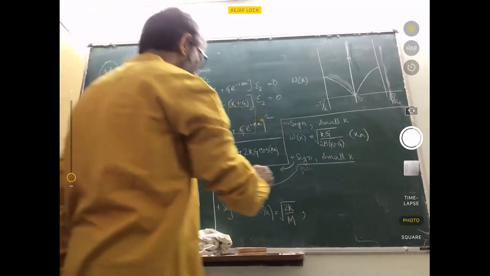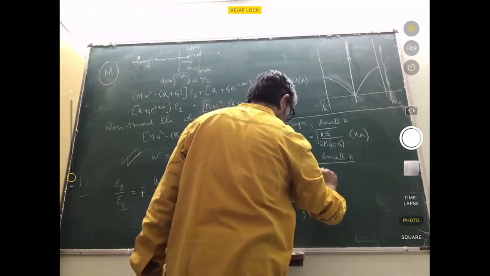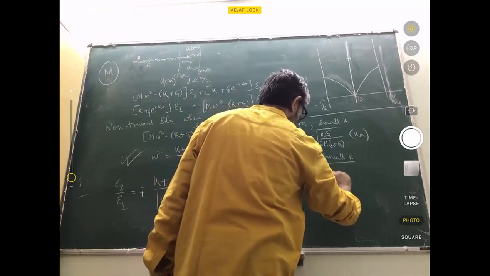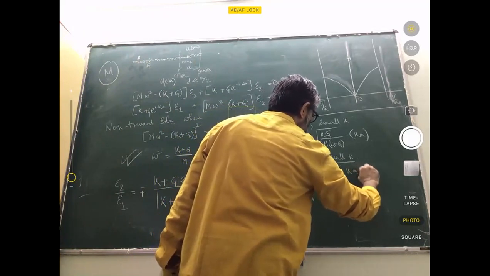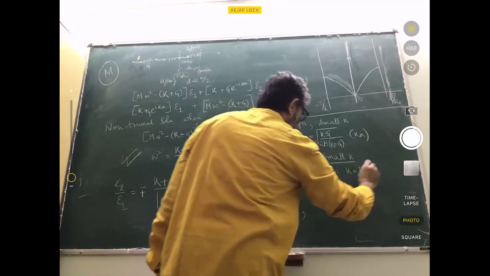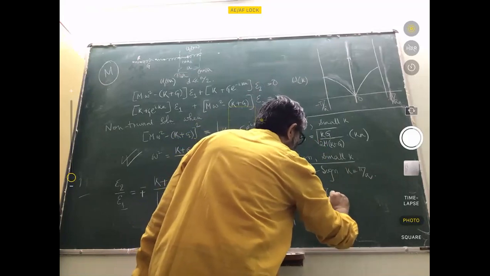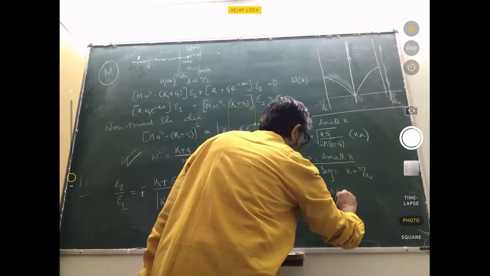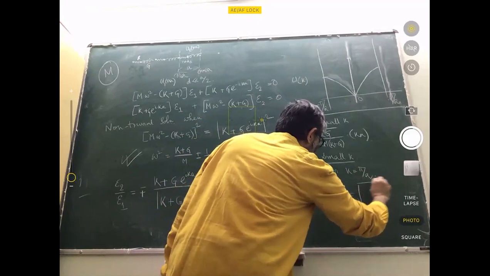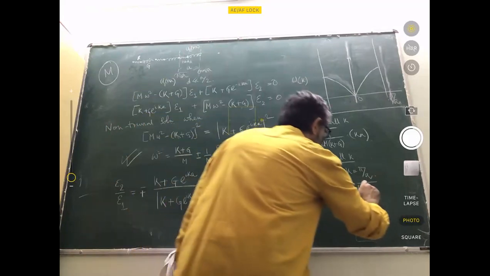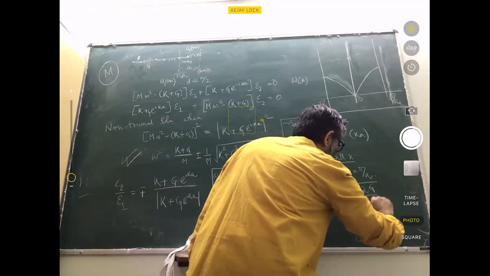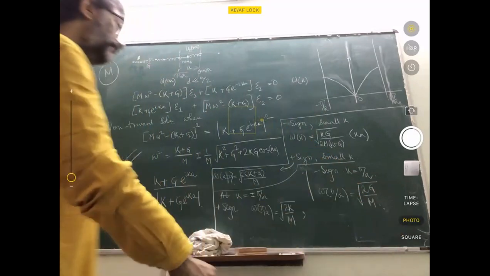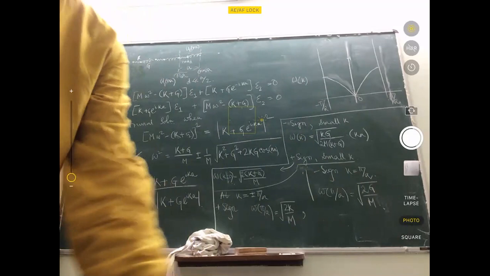And if you take the minus sign, that branch at k equal to pi by a, you can work this out easily.